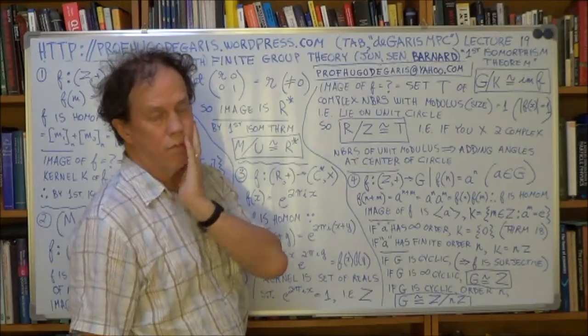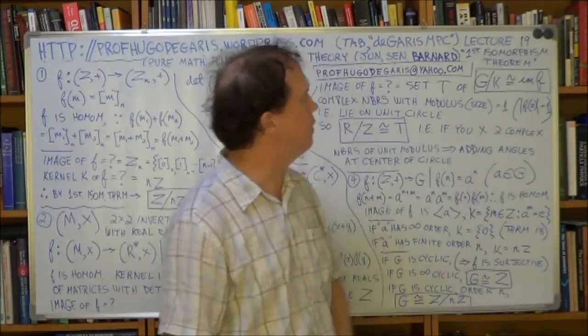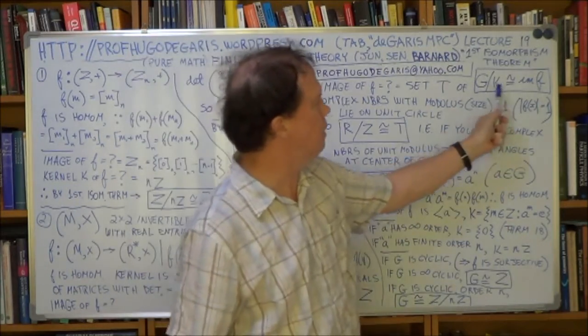So we will just go through that process 4 times, to illustrate the use of the first isomorphism theorem in this form.